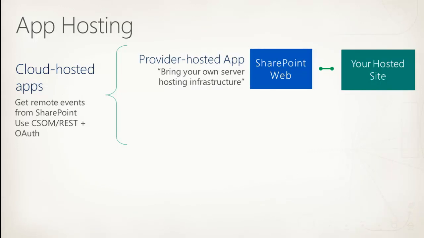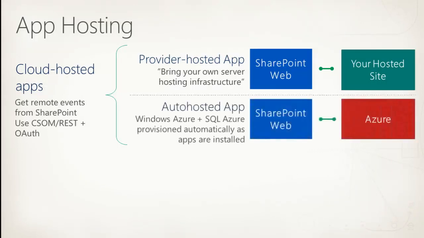The second one is when we, as Microsoft, take care of that infrastructure for you. In here, the app package also contains a web package and a SQL database package that, when the app is installed into a SharePoint site, we automatically take care of the provisioning of an Azure website and a SQL Azure database that will be hosting the power for your app.